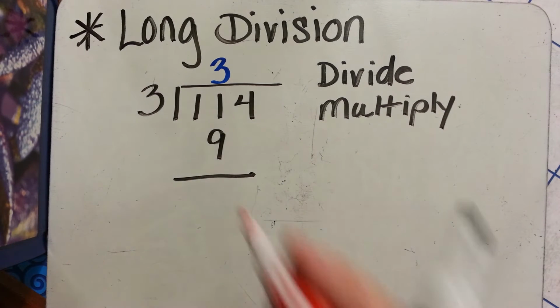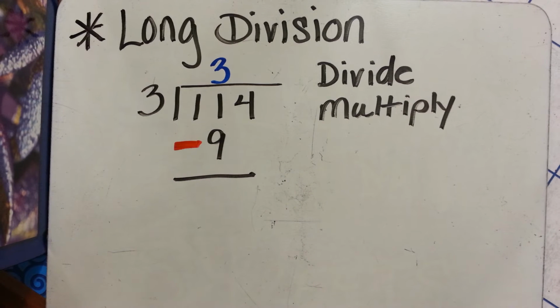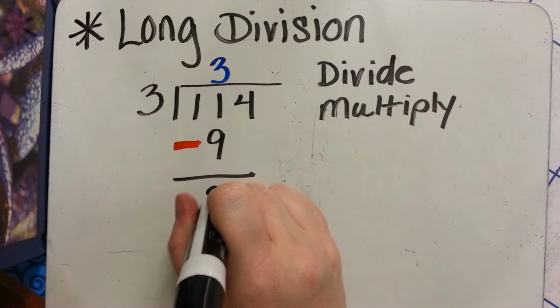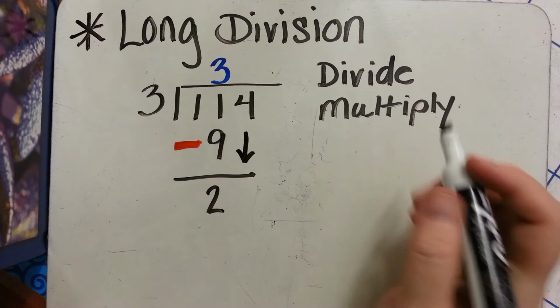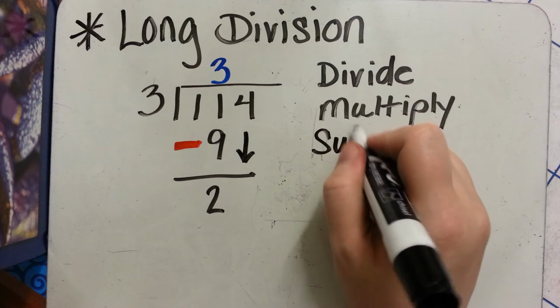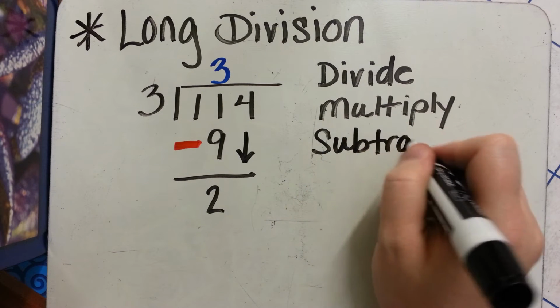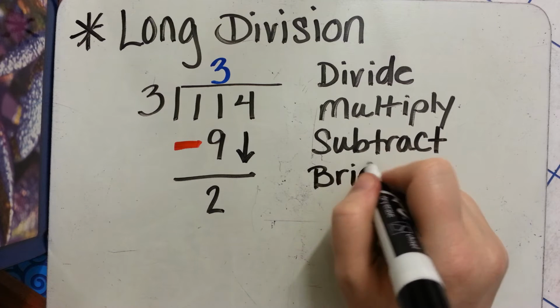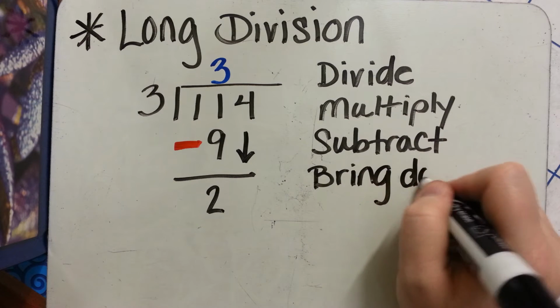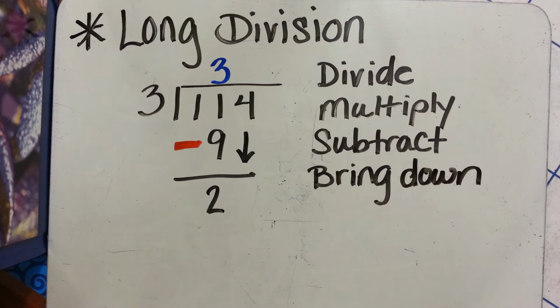Whatever we bring down, we're subtracting that. 11 minus 9 is 2, so we write a 2 down here, and then of course we have to bring down whatever's left. So we subtract, that's the step we just did, and then the last step is to bring down. These are our basic steps when we're performing long division.